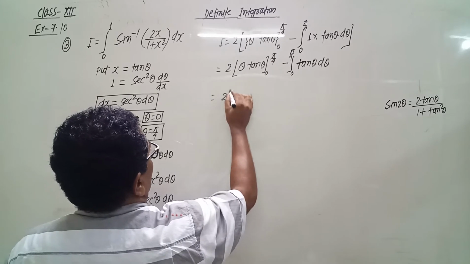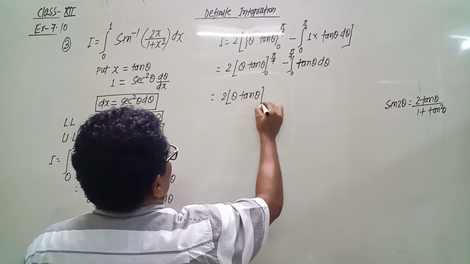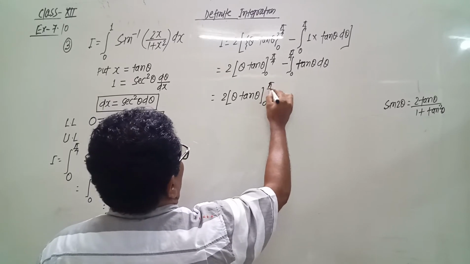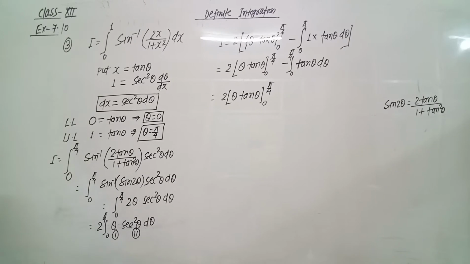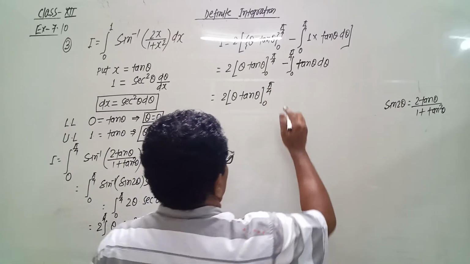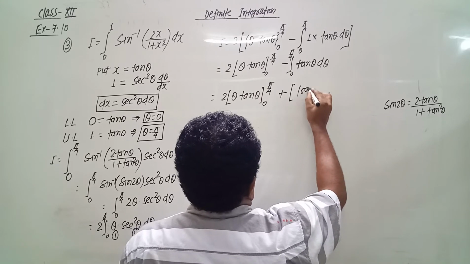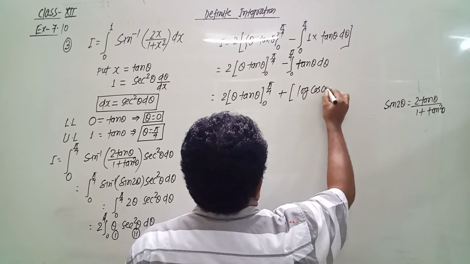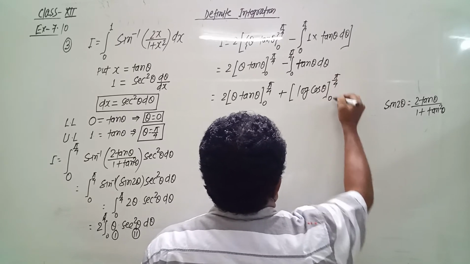So 2 theta tan theta, limit 0 to pi by 4, and integration of tan x dx is minus log cos x, or plus log sec x. So minus log cos theta, already there is a minus, so minus minus becomes plus, and log cos theta, and we put limit from 0 to pi by 4.